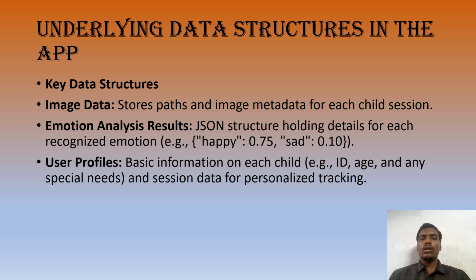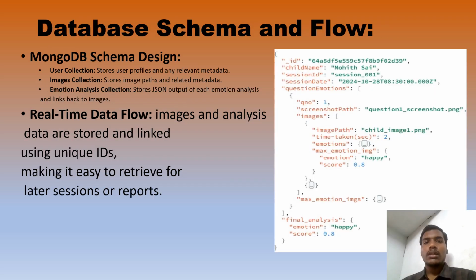For example, happy 0.75 and sad 0.10, which is in JSON form. User profiles hold basic information on each child, that is age, ID, and any special needs, and also the session data for personalized tracking.